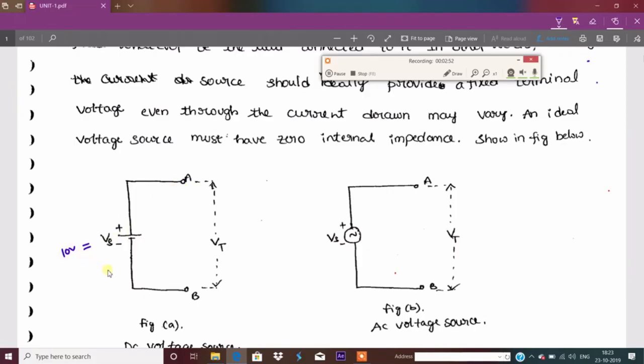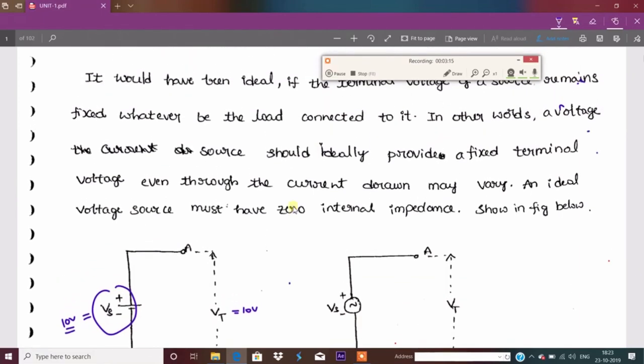For example, the battery is a source I connected here. If it is 10 volt, I consider this ideal. The terminal voltage is also 10 volt. That means there is no drop between the terminals and the source. So that is the ideal case. That is the first point you need to remember.